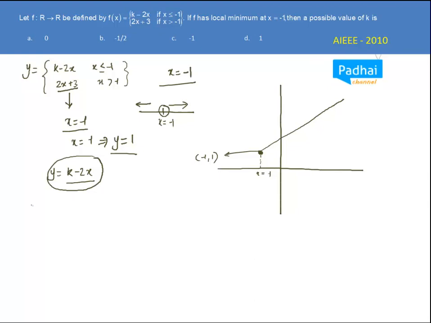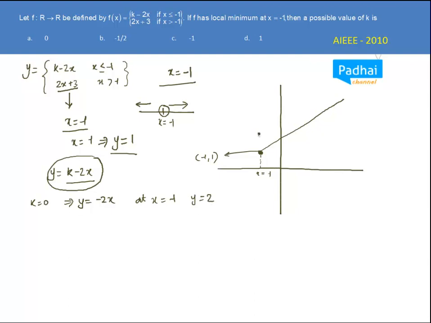A very simple question. If I put k equal to 0 over here, that implies y equal to minus 2x. Then at x equal to minus 1, the value of y will be 2, which will be here.